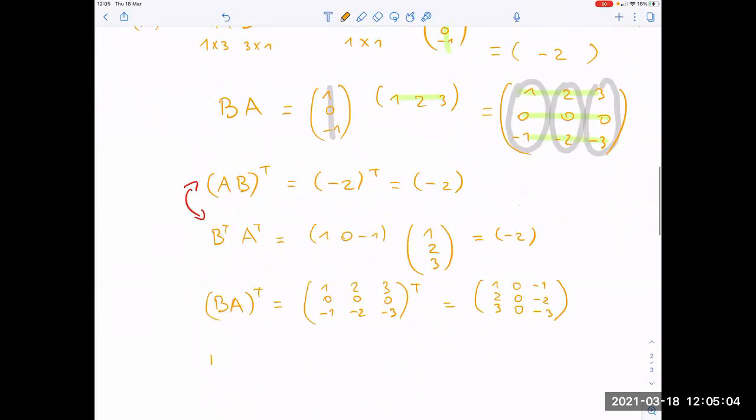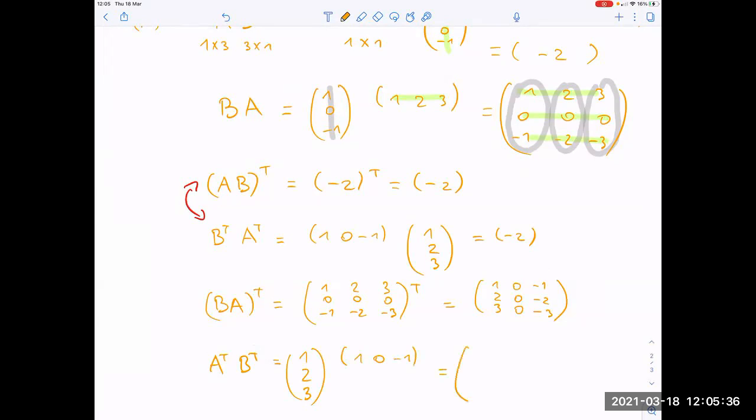And now I want to compare with A transpose B transpose. So what is A transpose? Well, this is matrix A, so it's the one I did by mistake before. So 1, 2, 3, and this is matrix B transpose, 1, 0, minus 1.